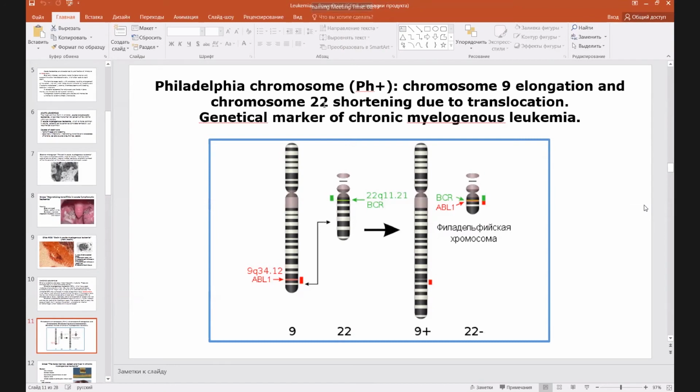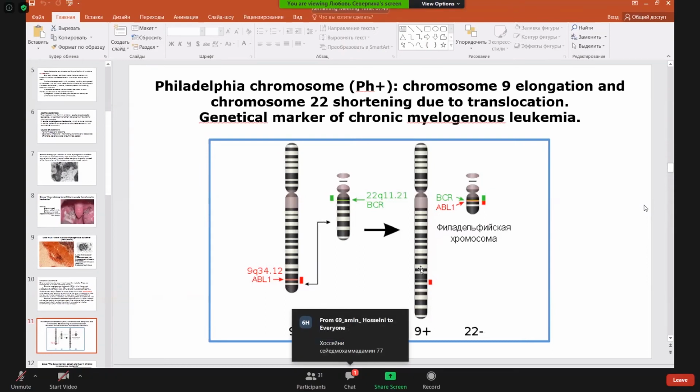And the specific feature of this chromosome is the elongation of chromosome number 9 and shortening of chromosome number 22. This genetic abnormality can be revealed in more than 90% of the patients with chronic myelogenous leukemia. We can say that this disease is genetically determined.